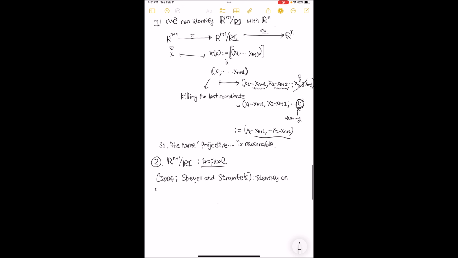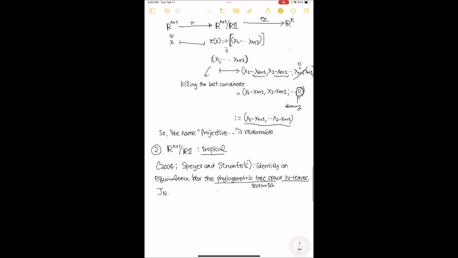They identified an equivalence between the space of phylogenetic trees with n leaves, denoted by T_n, and a tropical geometry space via homeomorphism.